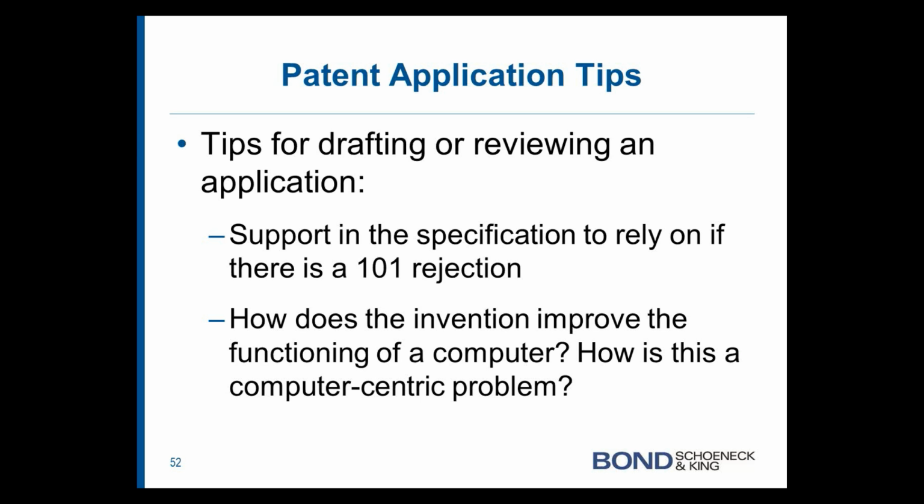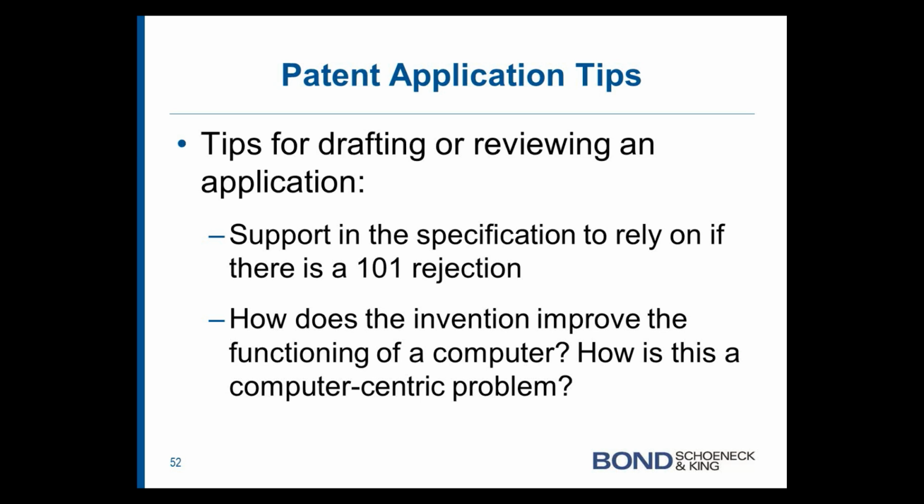However, if you do get that 101 rejection, you want to be able to point to an argument that finds support in the specification where, for example, your computer is not a generic computer anymore. It's a specialized computer because of the software, because of the method. Or this is a problem that's only arising in the realm of computers, for example, or only in the internet-centric world.